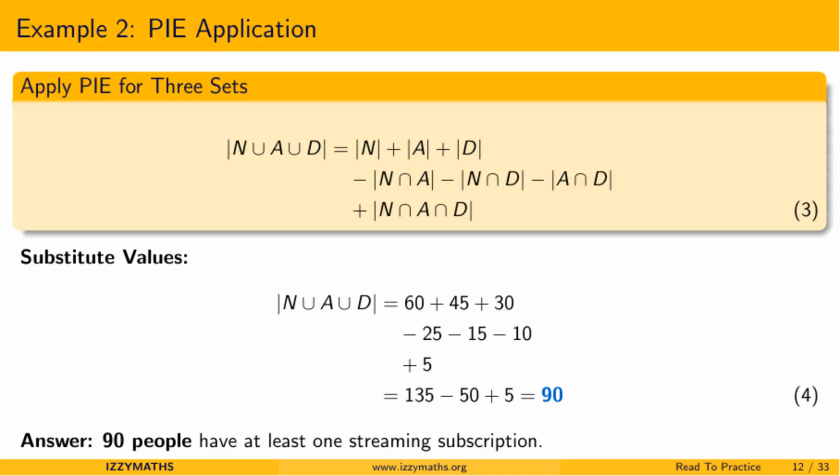This gives us 135 minus 50 plus 5, which equals 90. Therefore, 90 people have at least one streaming subscription.